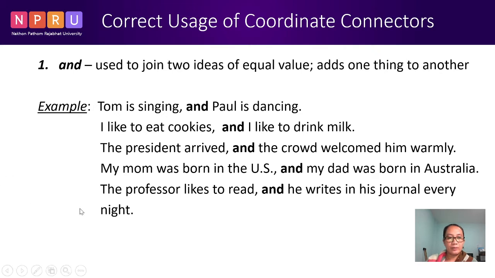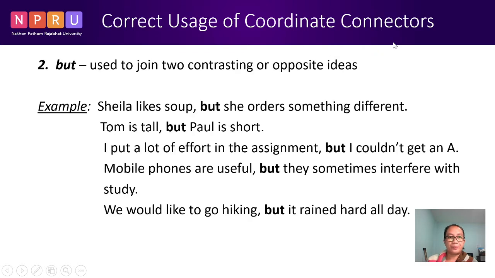Last example: the professor likes to read, and he writes in his journal every night. These are very simple examples of the coordinate connector and. Again, and is used to join two ideas of equal value or adds one thing to another.